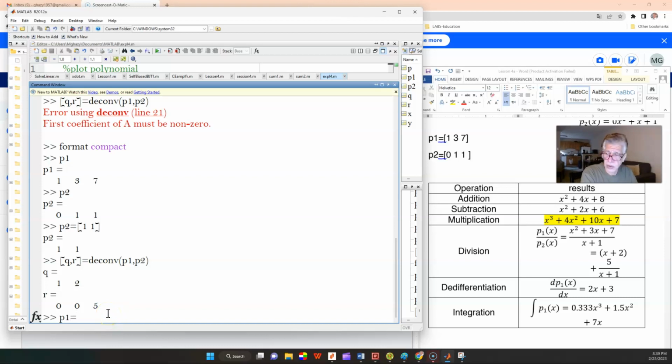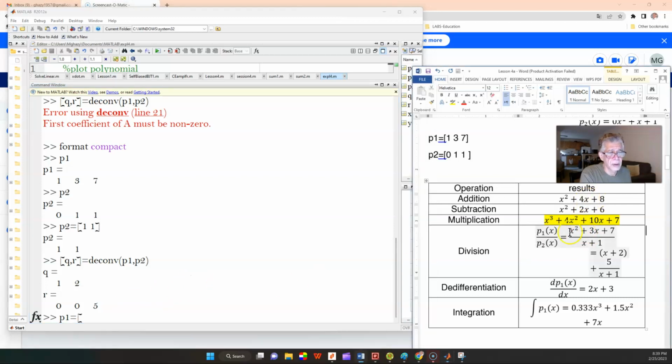Let me mark this P1 in yellow. So this is P1. What I want to do is find the differentiation. If you differentiate x squared, you get 2x, and 3x becomes 3, and 7 is a constant, so its derivative is equal to 0. So I expect to get 2x plus 3.